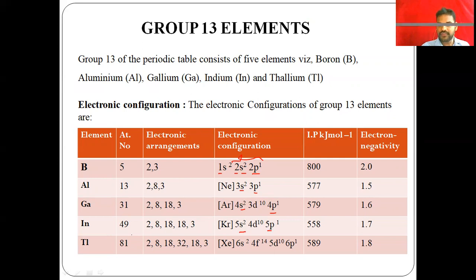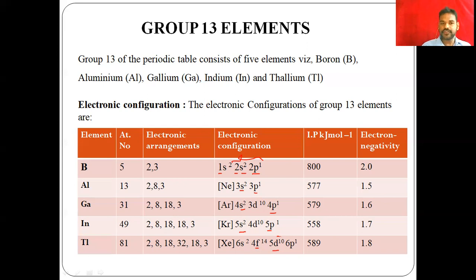Like this, after indium we have thallium. In thallium we have the F orbital and D orbital, and both are completely filled. Because of this, their character does not alter that much with the introduction of the D and F orbitals. In the further slides we can easily understand this concept.